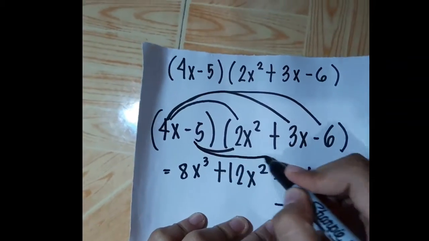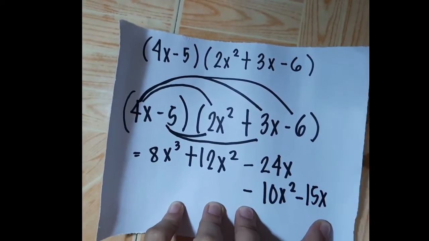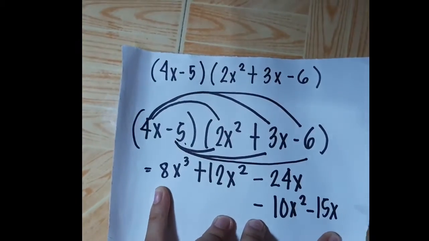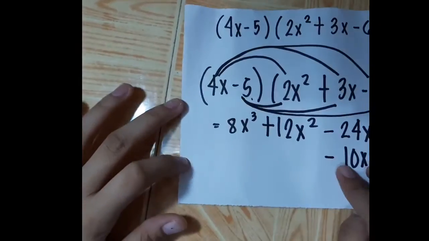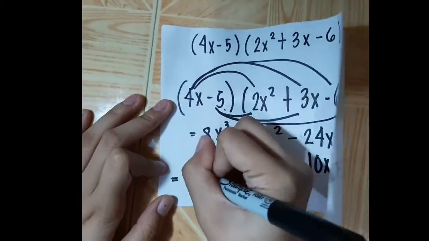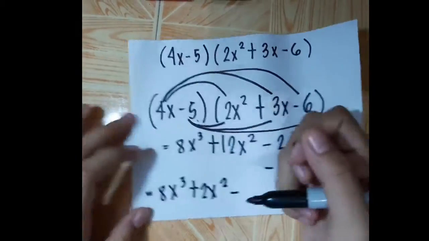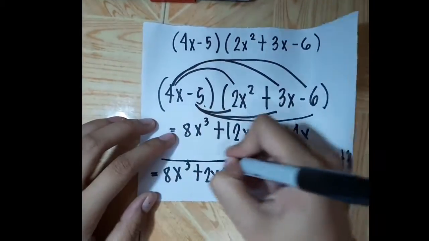Then negative 5 times positive 3x equals negative 15x. Then the last term, negative 5 times negative 6 equals plus 30. Then step 2, combine like terms. So 8x cubed plus 2x squared minus 39x plus 30. And this is the final answer.